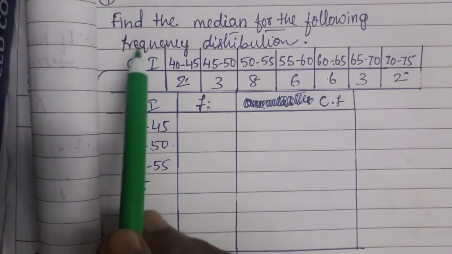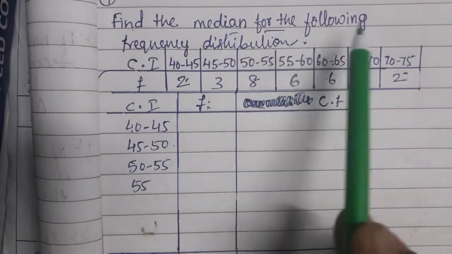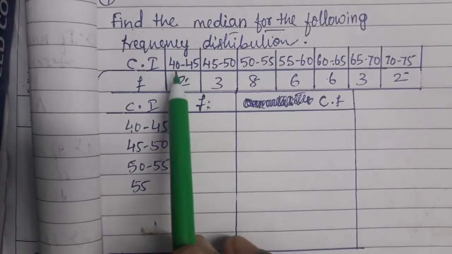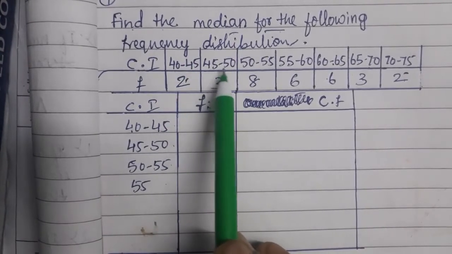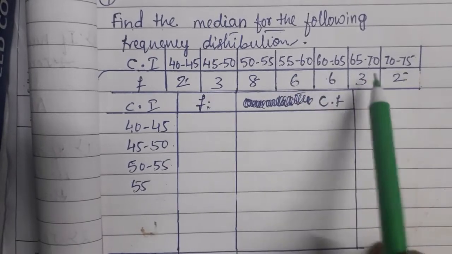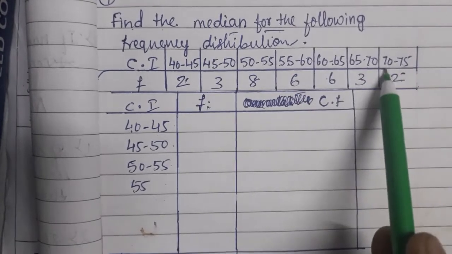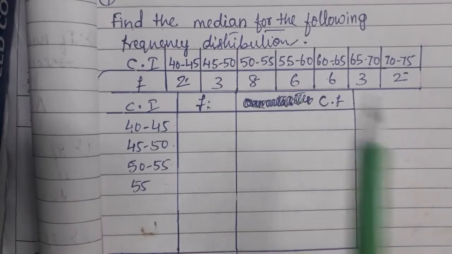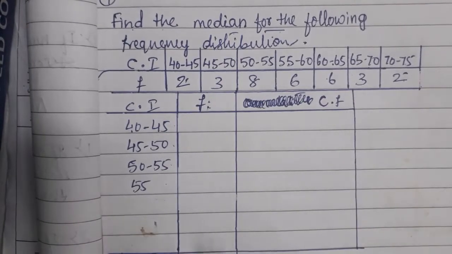I have taken the first sum. Find the median for the following frequency distribution. Class interval is given: 40 to 45, 45 to 50, 50 to 55, 55 to 60, 60 to 65, 65 to 70, 70 to 75. Frequency is given: 2, 3, 8, 6, 6, 3, 2. So this you have to remember first.